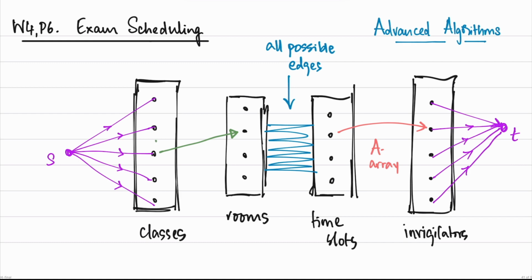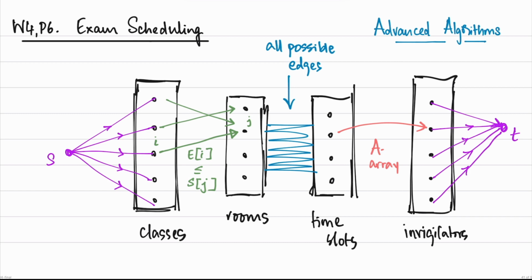So let's say this is class I and room J. So we want that edge to be present only if the strength of the class I is at most the size of the room J, right? So you throw in all of those edges here between the classes and the rooms. We don't want to be able to assign classes to rooms that can't accommodate them, right? So that's essentially the construction of the network.